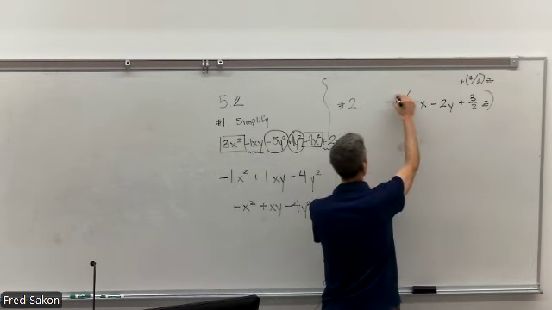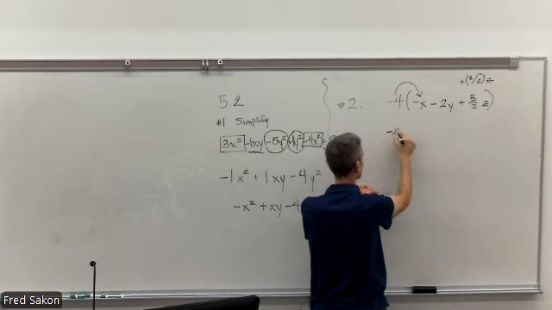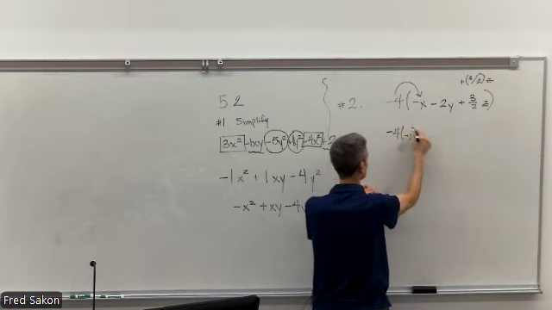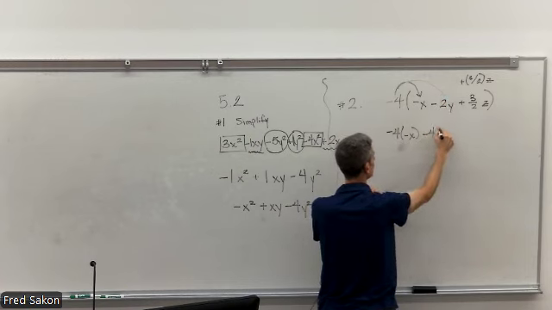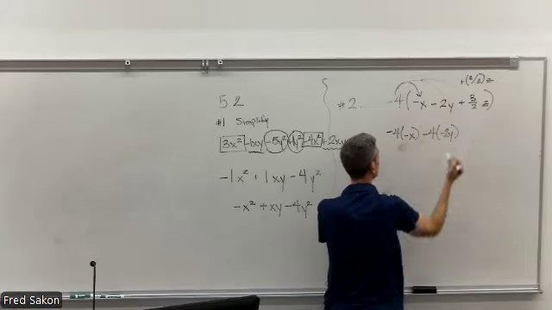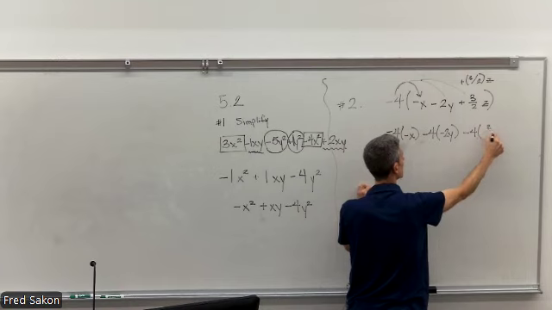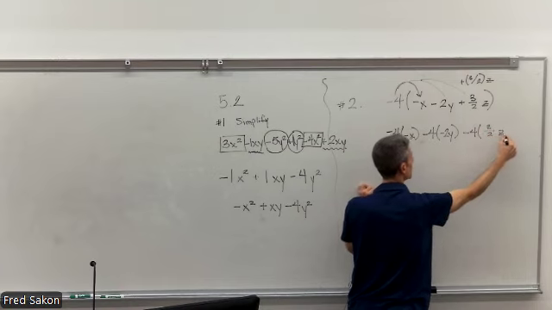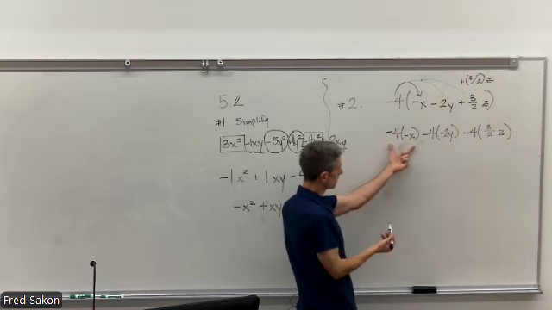We're going to say negative 4 times the first term, so negative 4 times negative x, and then second term, negative 4 times negative 2y. Third term, negative 4 times 3 halves z. And then let's just work across.